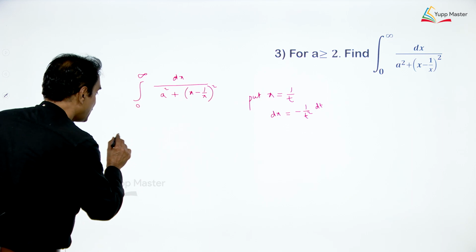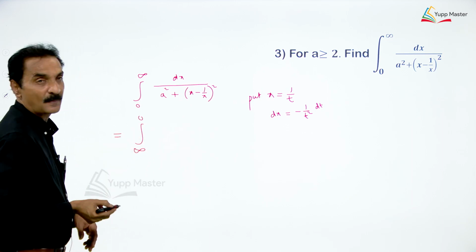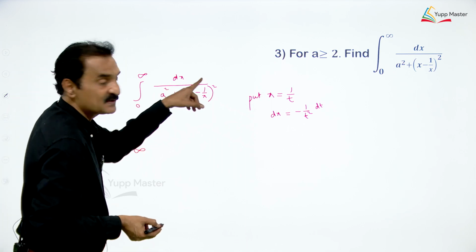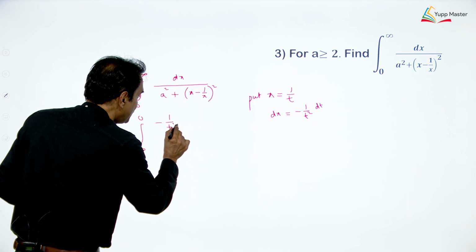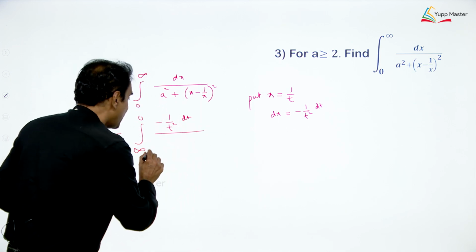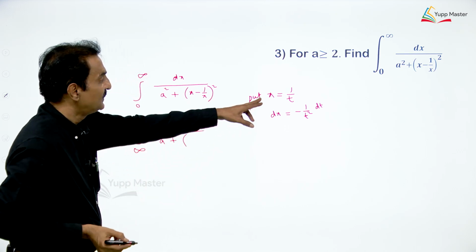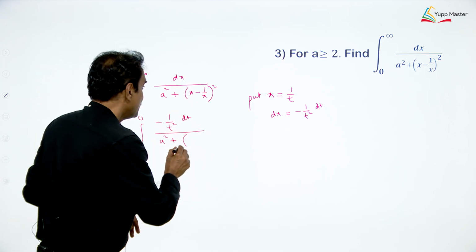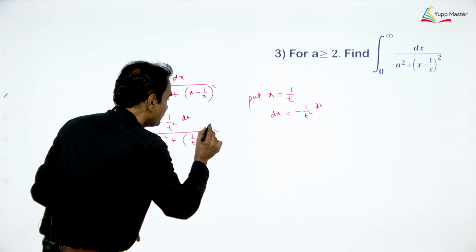So, this integral becomes integral infinity to 0, dx is minus 1 by t square dt. So, minus 1 by t square dt by a square plus, replacing x by 1 by t, 1 by t minus t whole square, right.